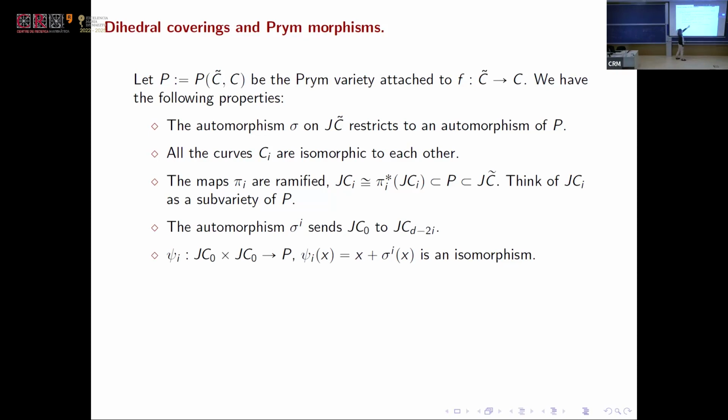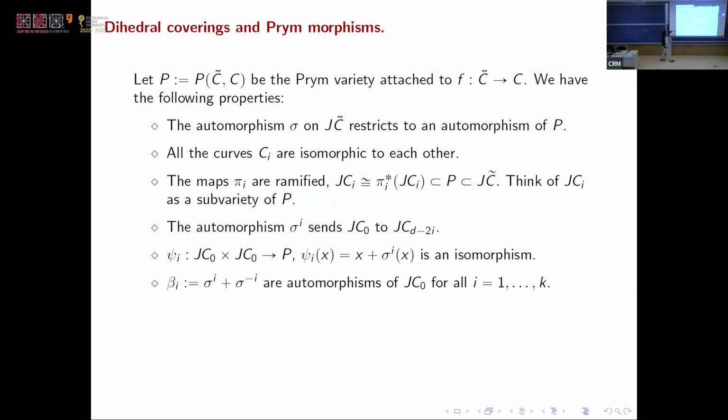So the Prym is isomorphic to the product of these Jacobians, with a particular kind of polarization. But what we obtain is that this Prym is isomorphic to this product, and we want to use this structure to study it.